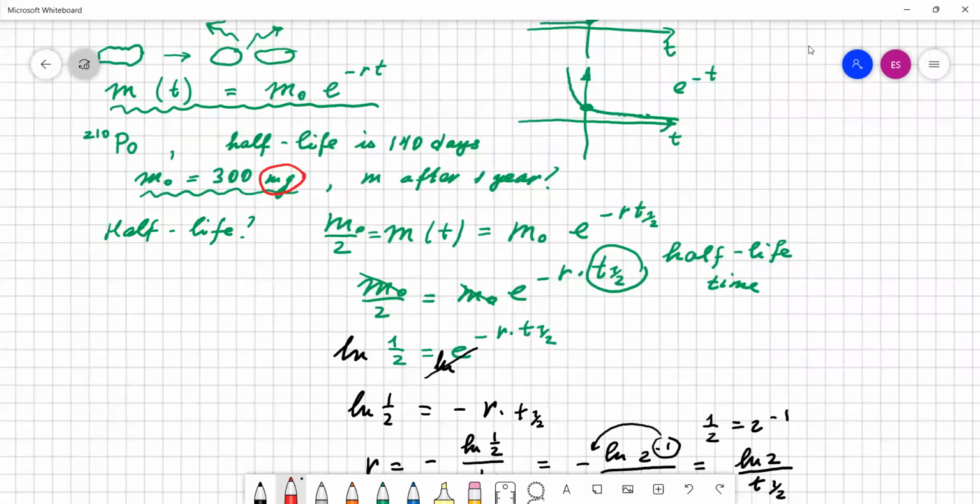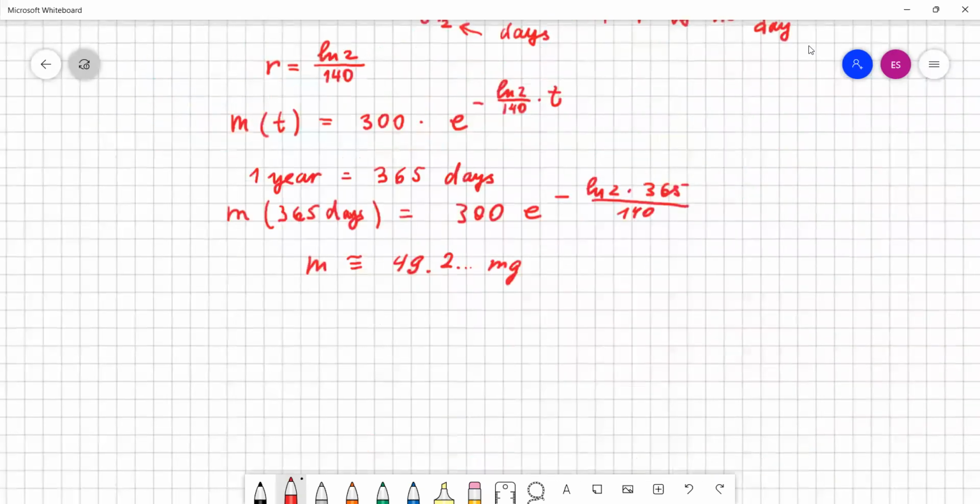Let me label 140 as T1/2, given in days. Well, that's how we solve decay problems. They look very similar to our continuously compounded interest problems. The only difference is the minus. The minus happens because the amount of material decreases. With bacteria, the amount of bacteria increases. Here, it decreases.